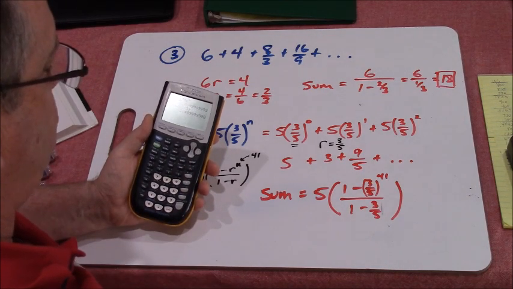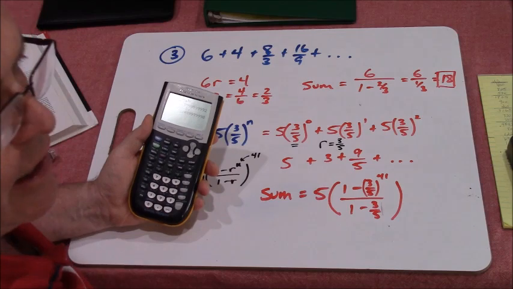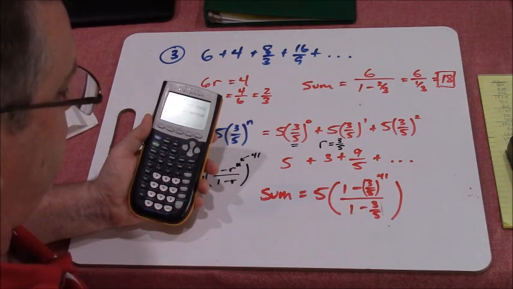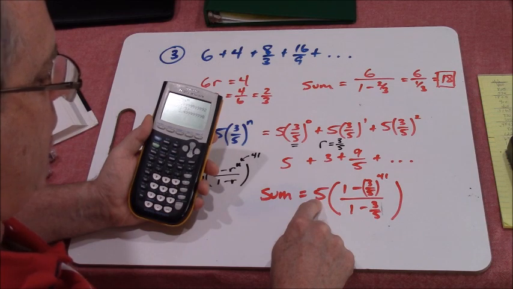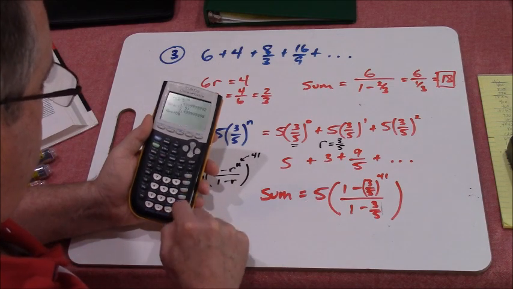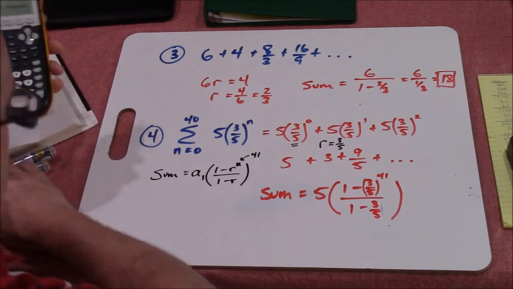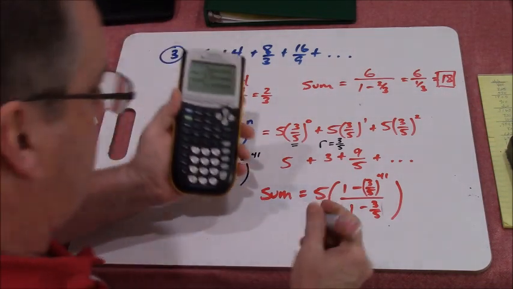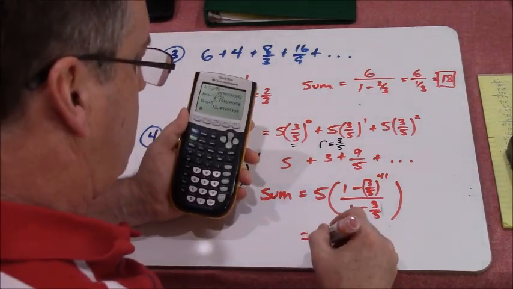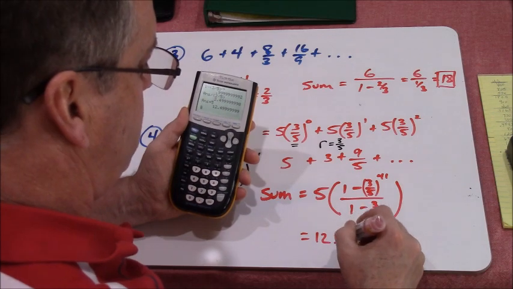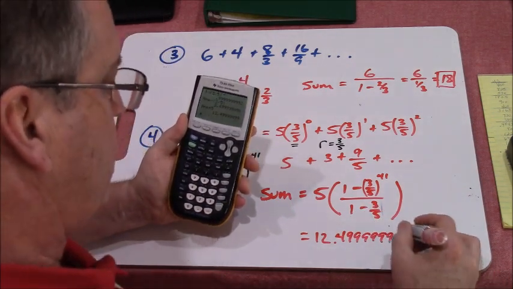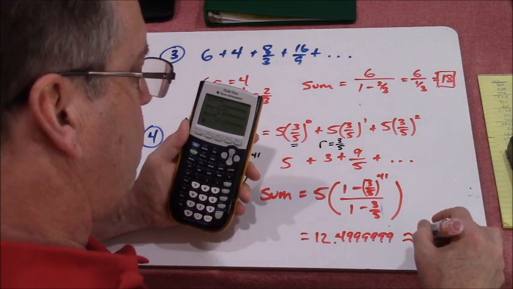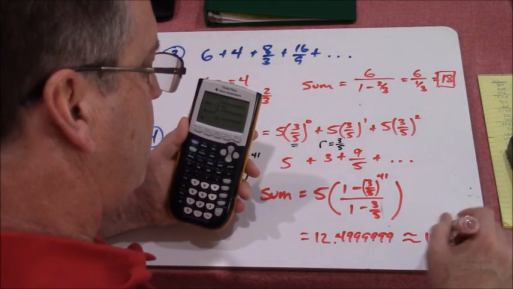So now I've got 2.499999999, which sounds like 2.5. And then I'm going to multiply that times 5. And so what I got for an answer here is 12.49999999, a whole bunch of 9s, which I'm just going to say that's really about 12.5.